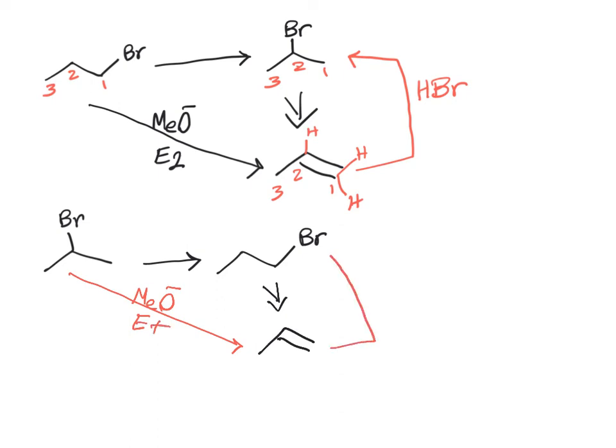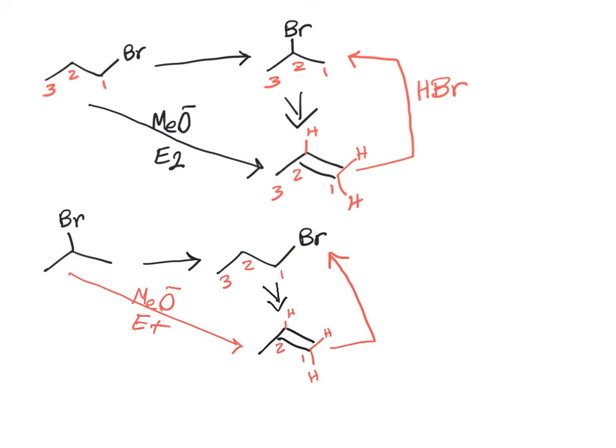And then we have to decide if we need Markovnikov or anti-Markovnikov addition. When we compare the alkene with 1-bromopropane, you see that we have to add hydrogen to carbon 2 and bromine to carbon 1.